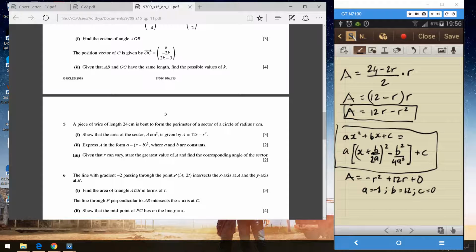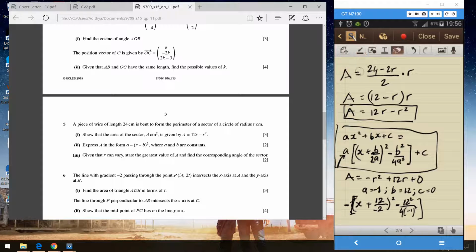So plugging this in, that is minus 1 times x plus b over 2a, that's 12 over 2 times minus 1, and all that squared. And now it is minus b squared over 4a, that is 12 squared divided by 4 times minus 1, and that is plus 0.